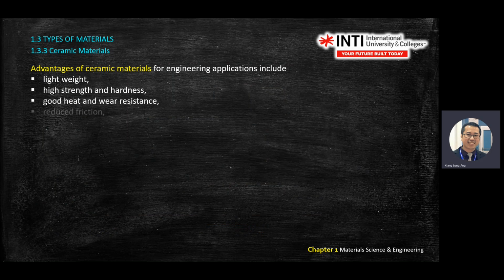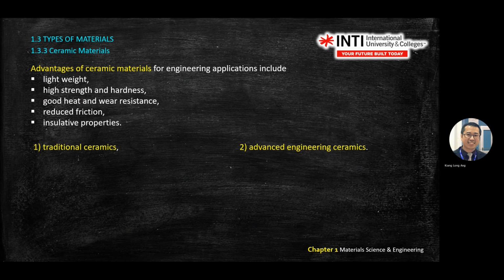What are the advantages? You can read. Advantages of ceramic material: they are light, their weight is very light. High strength. Good in heat resistance. The word here is resistant, not conductor. They are good resistant for heat.